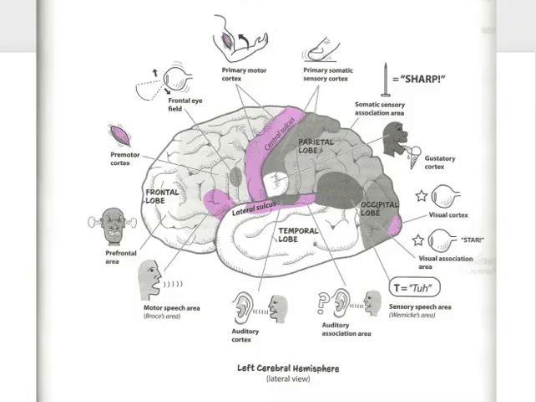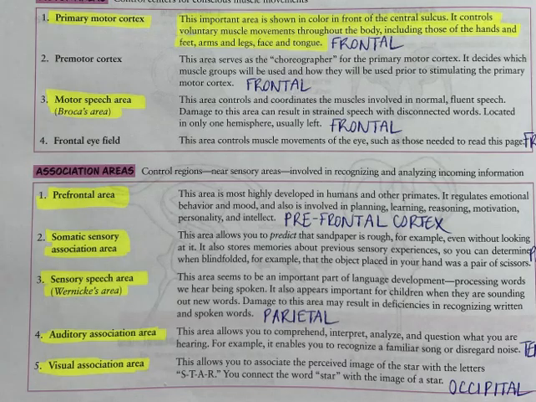If we go back to the drawing, you can see that Wernicke's area is right here in dark gray. Wernicke's area is a sensory speech area. It's critical for language development because it helps us learn to process words that we hear other people saying.